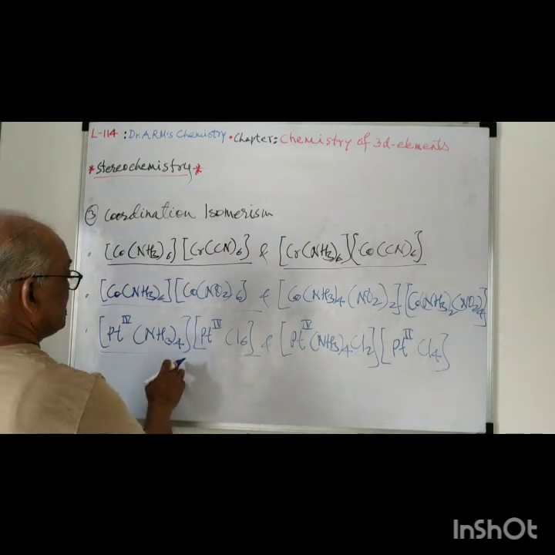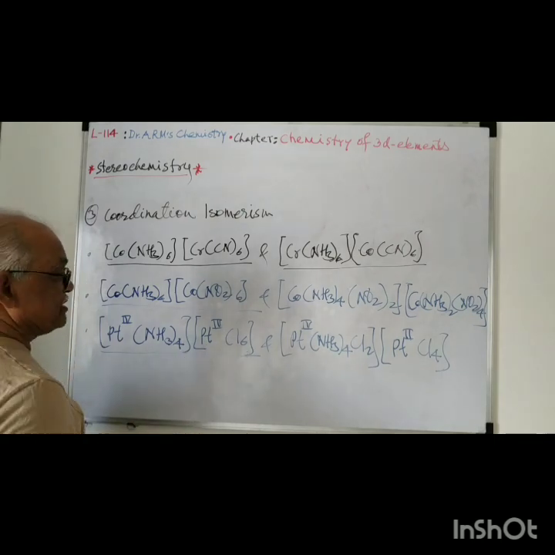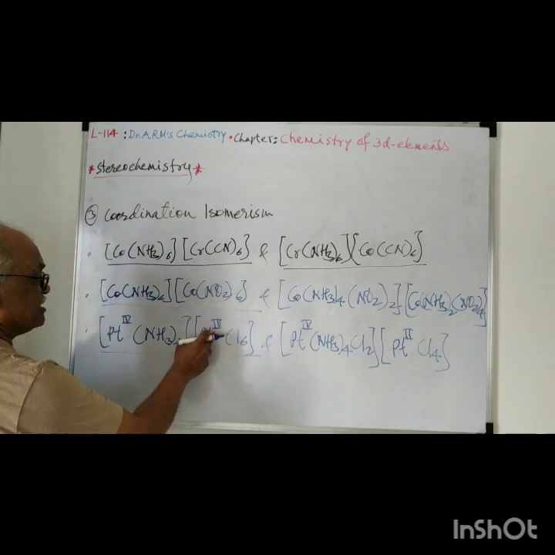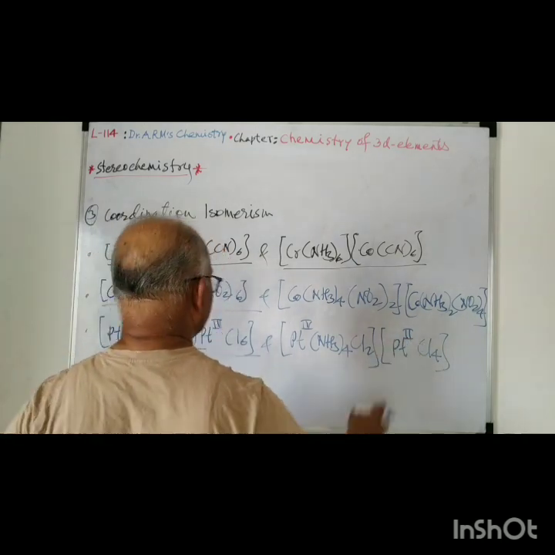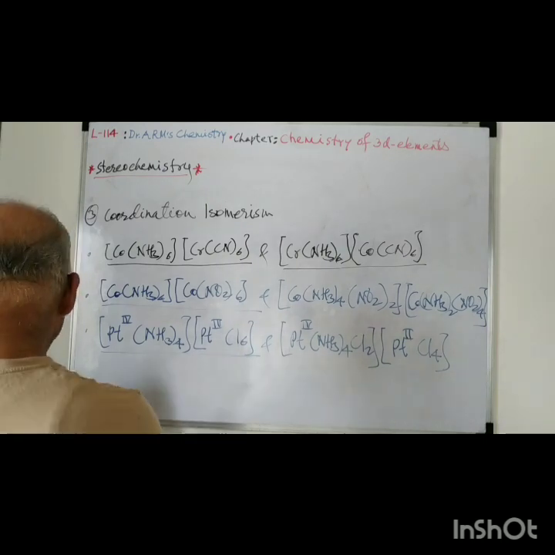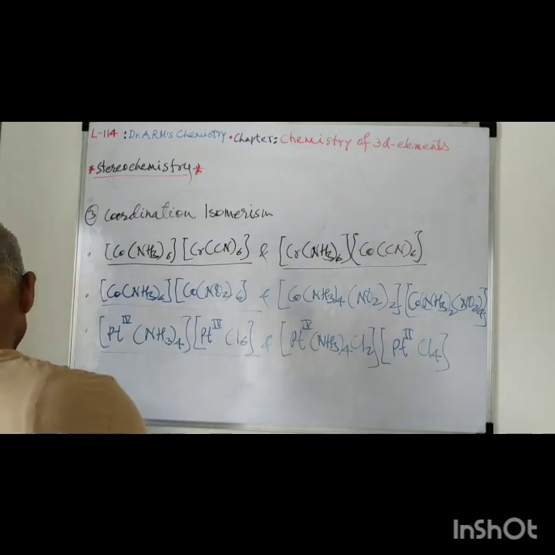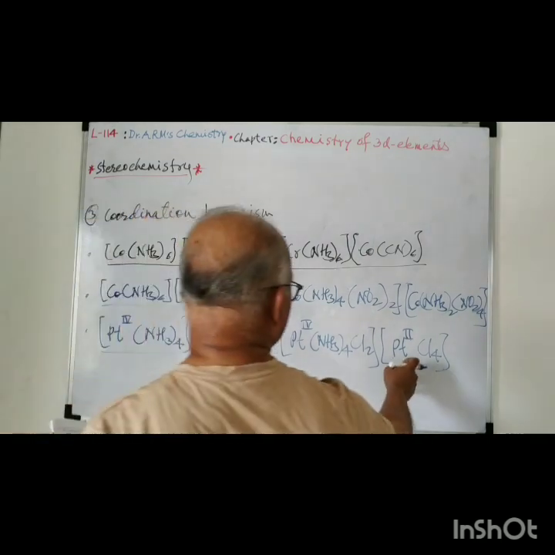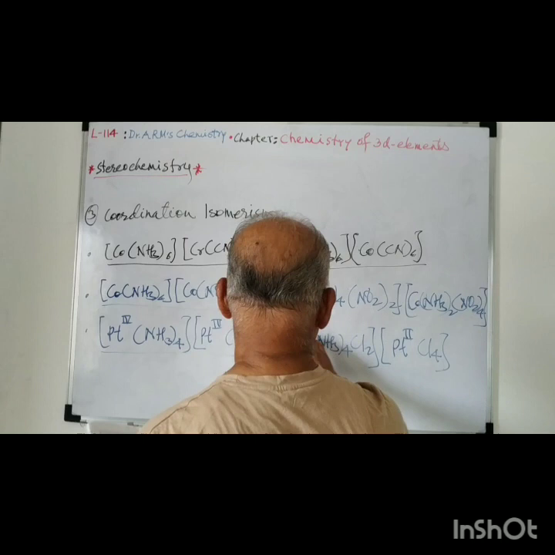So in this case also you will find that the Cl ions are exchanged, as a result of which this platinum 4 is converted into platinum 2.